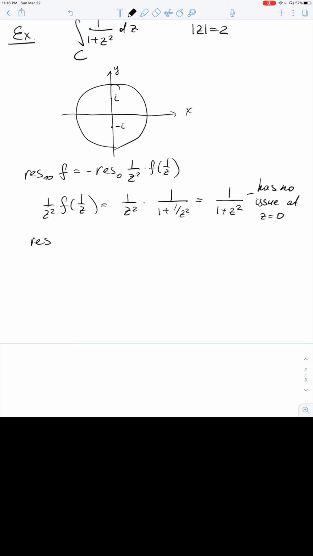And so the residue at 0 is 0, and so the integral is 0. Smiley face.